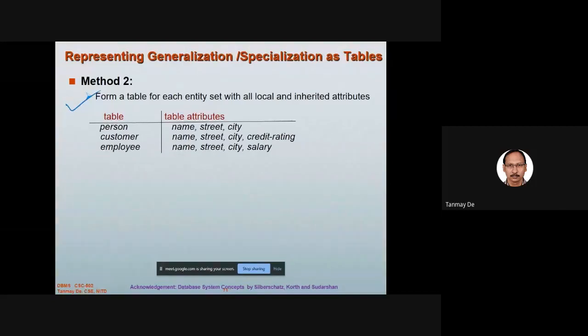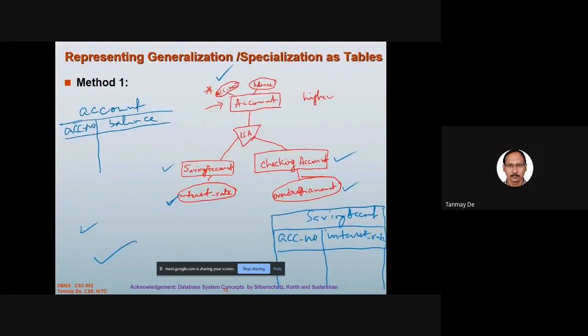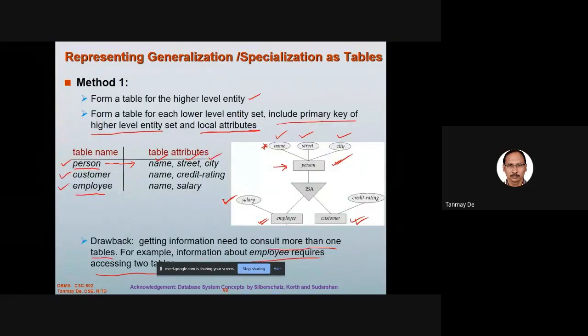So in the case of the previous figure, here person, employee, and customer, three tables are required. We can convert it into three tables: person, employee, customer. The person table consists of its local attributes: name, street, and city.